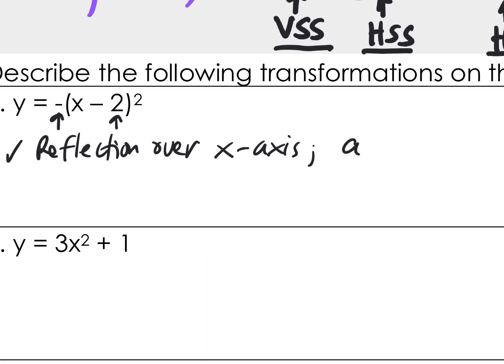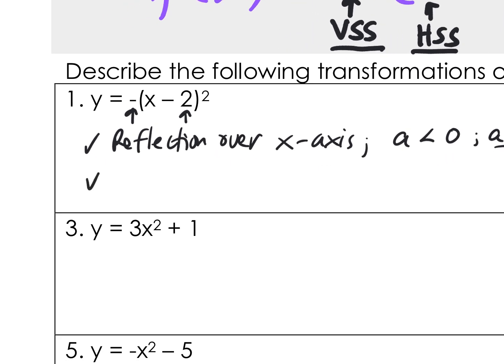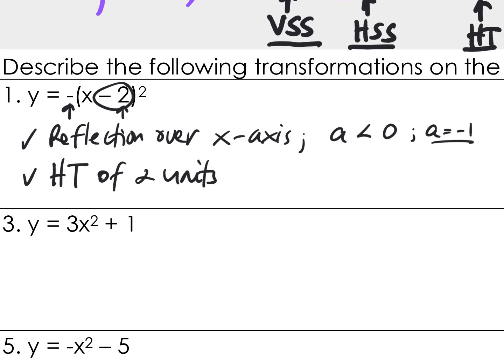My a here is going to be less than 0, so in this case, the value of my a is equal to negative 1. And then the other one is my horizontal translation. HT, horizontal translation of 2 units. This is going to be minus, so it's going to be on the right side of the graph.